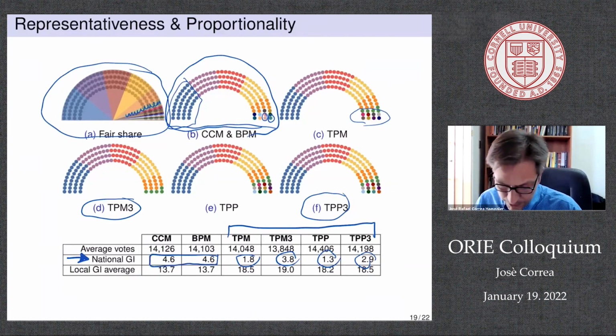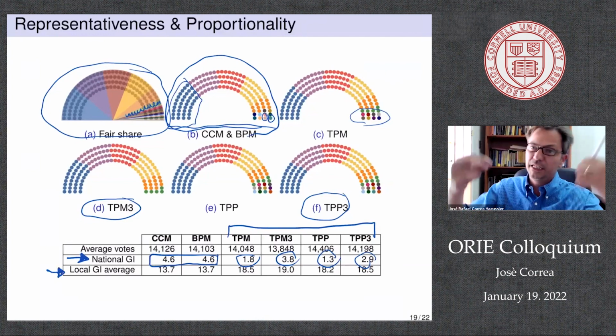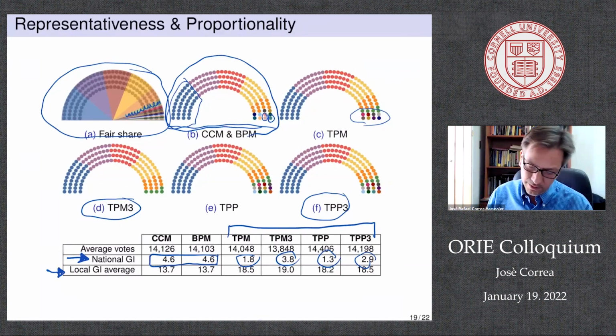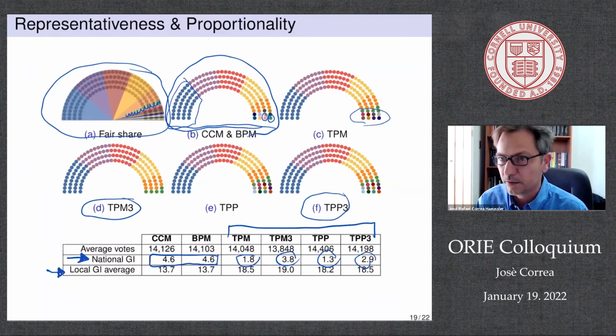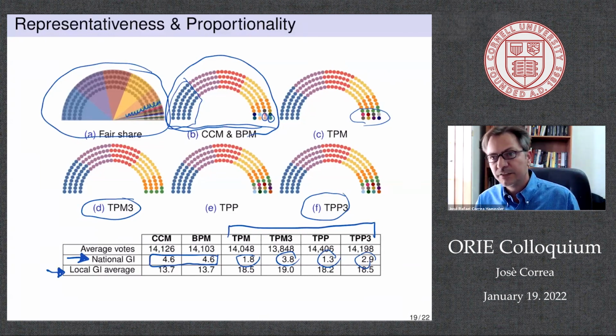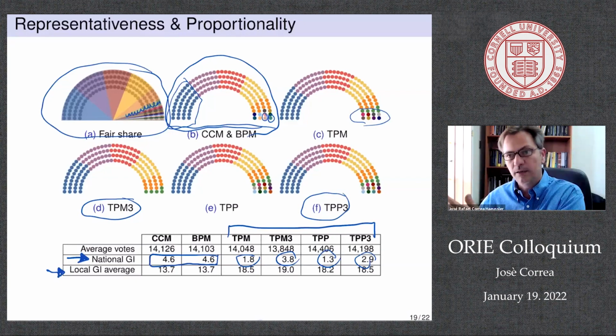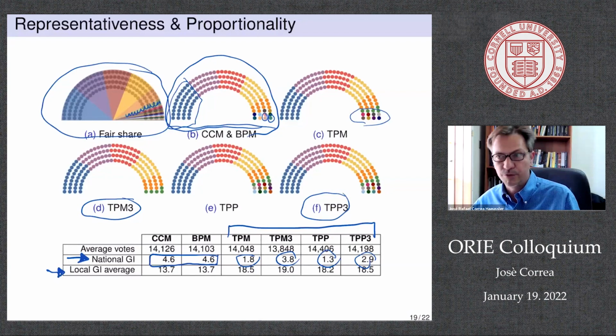But if I do the same calculation locally, looking at the fair share in a district and computing how many seats each party got in that district, then the local methods perform much better, of course. The trade-off is that the global, three proportional methods allow distorting the election in one district and another so that the globals stay proportional. But that's a natural trade-off that you need.